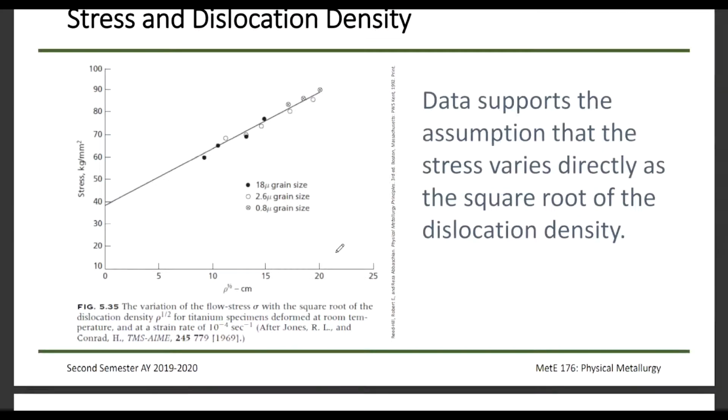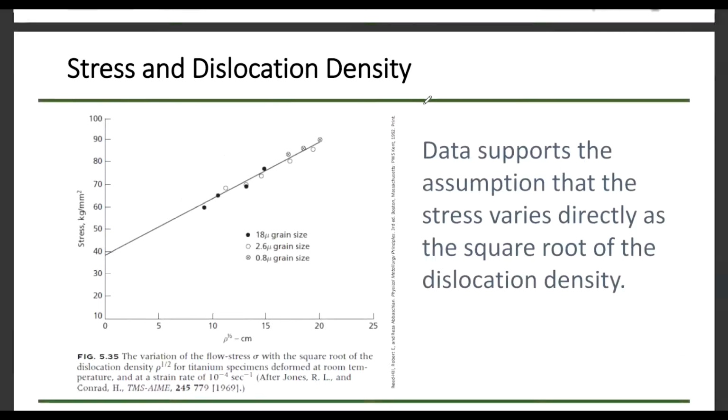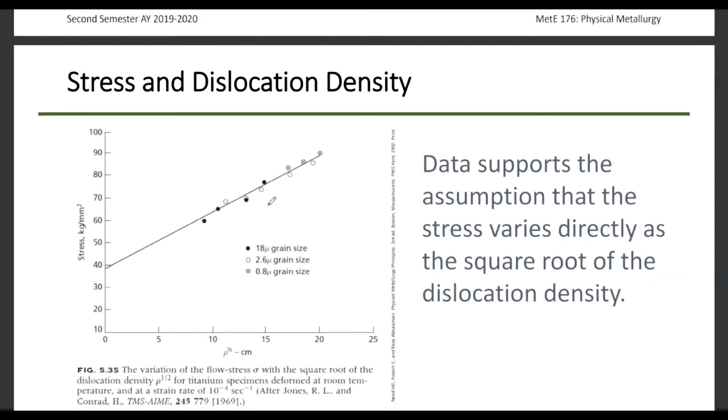Another observation that several materials scientists have already made, no, is that yung stress and dislocation density are intimately connected to each other, no? And the data supports that the assumption that the stress value is directly proportional to the square root of the dislocation density has been proven to be true, no? And we already also saw this kahit dun sa grain size.